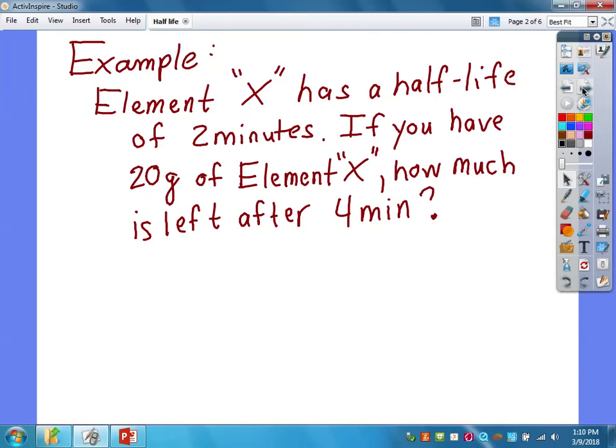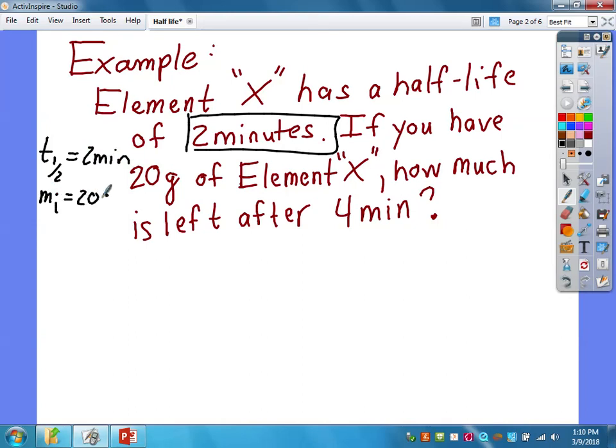The big thing we have to do is identify what we have. Right at the beginning, it tells us we have a half-life of 2 minutes, so T1/2 is equal to 2 minutes. You have 20 grams of element X, so this is the initial mass, 20 grams. How much is left after 4 minutes?